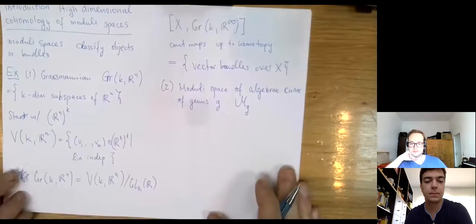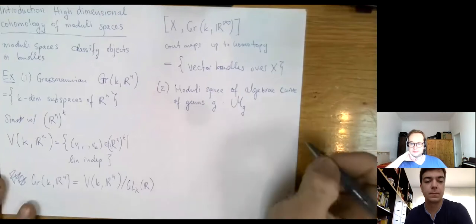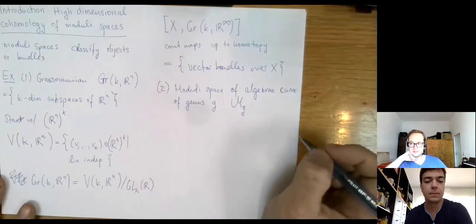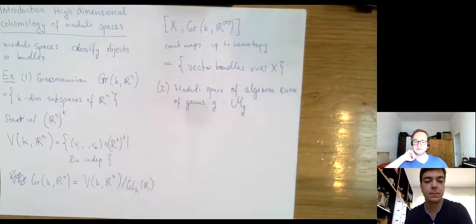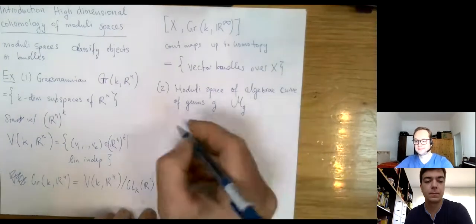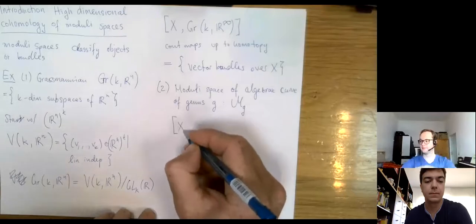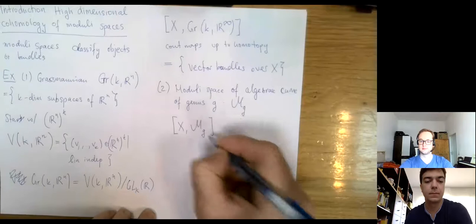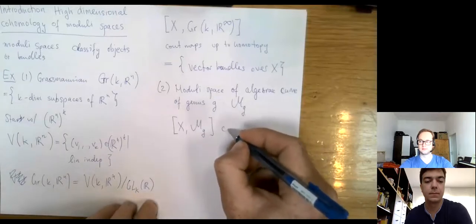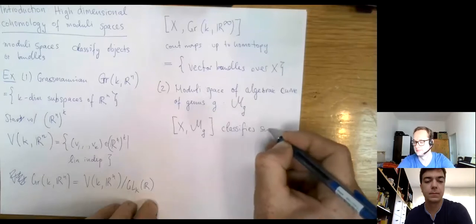And we'll probably hear more about it. You can add some conditions of having so and so many boundary components, etc., or punctures. And this moduli space has a similar property. The property is that if I take the maps up to homotopy from X to M_g, then this classifies surface bundles.